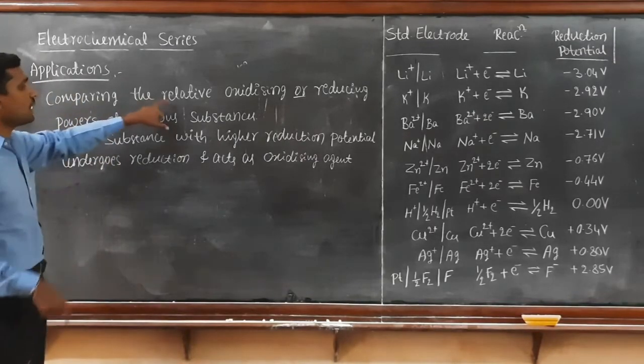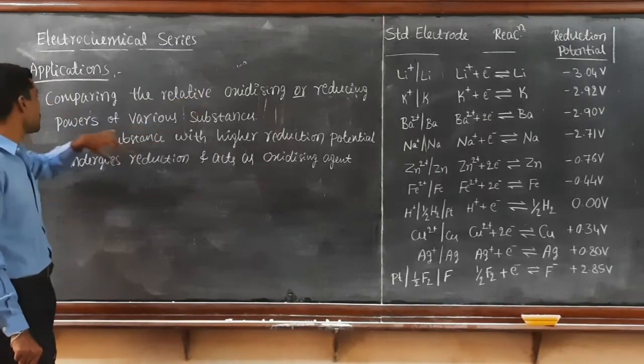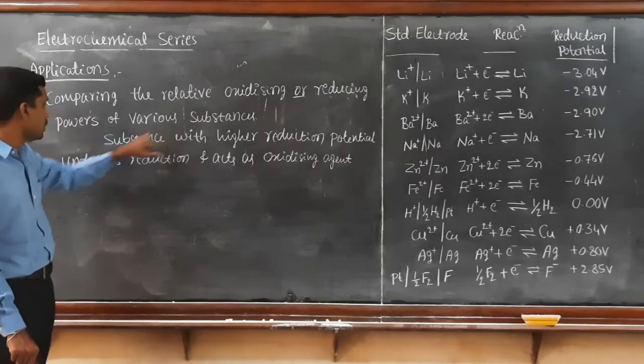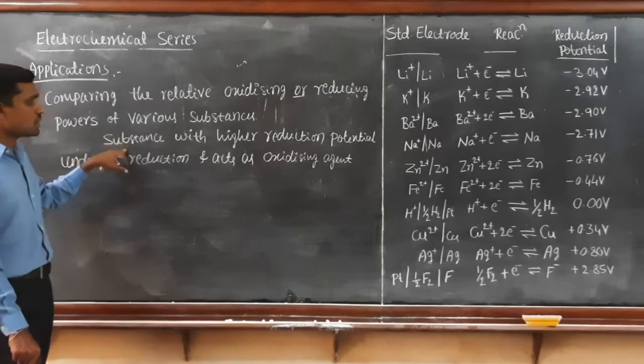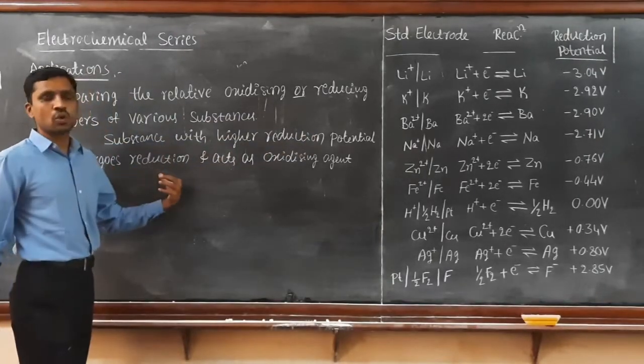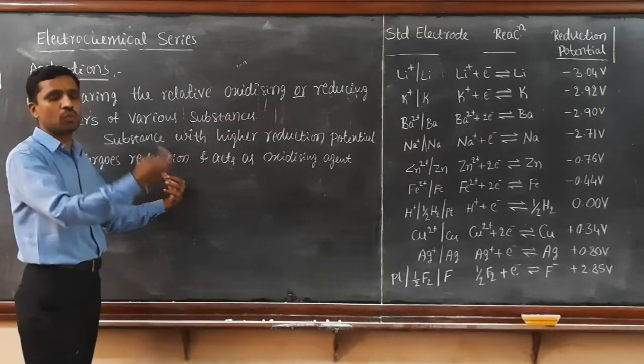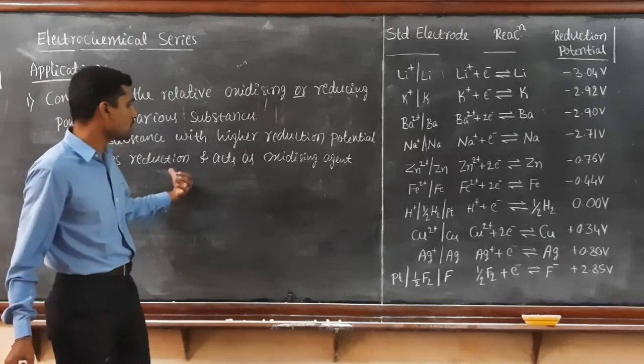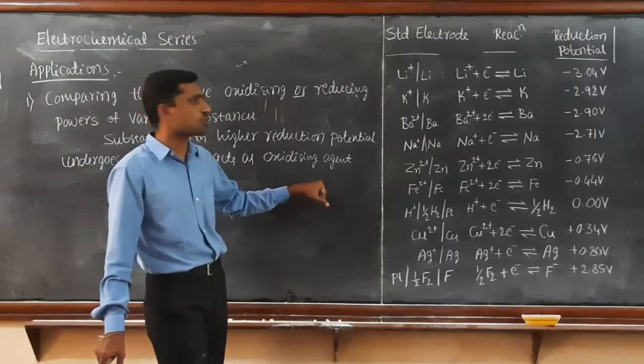So comparing the relative oxidizing as well as reducing powers of various substances. A substance with a higher reduction potential will tend to undergo reduction, meaning that it will be available in terms of ions, and that will act as the best oxidizing agent.